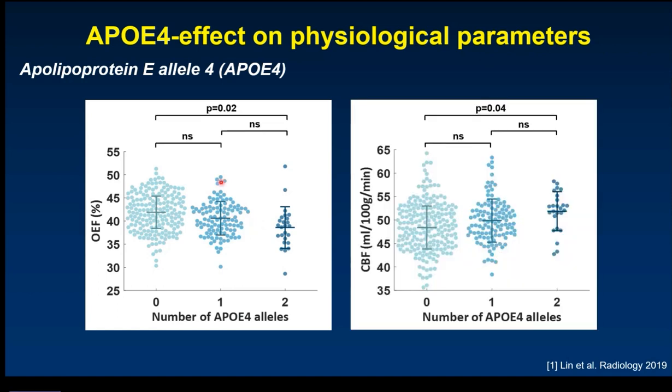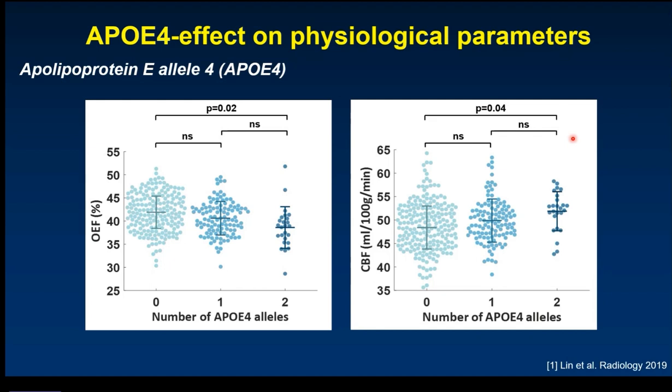We also investigated the difference between the subgroups. We found that people with 2 ApoE4 alleles will have lower OEF compared to non-carriers. And for CBF, we also found that people with 2 ApoE4 alleles will have a higher CBF compared to the non-carriers.